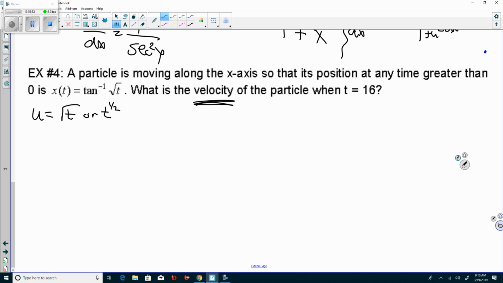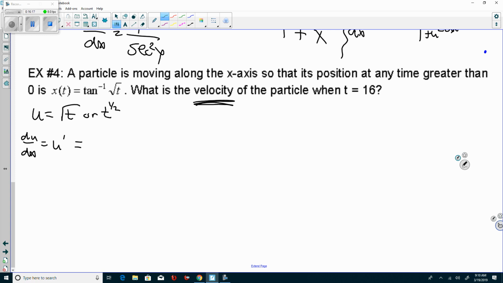Now in the formula, we need a du/dx. du/dx is the same as u prime. That's why we made it t to the 1/2, because you're going to have to do that anyways.